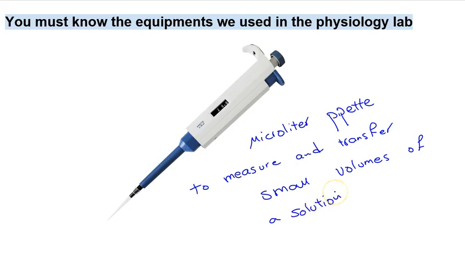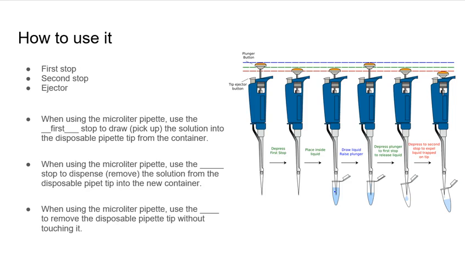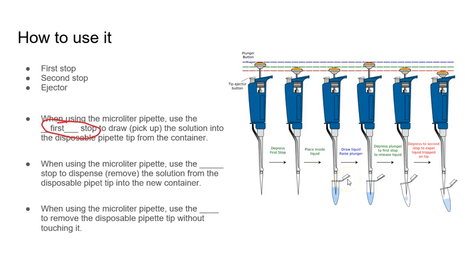Don't forget to take notes. Okay. And also it's important to know how to use it. The first stop, second stop, and ejector are the parts of the microliter pipette, which is super important to remember how we use them. We use the first stop to pick up the solution into the pipette tip from the container.